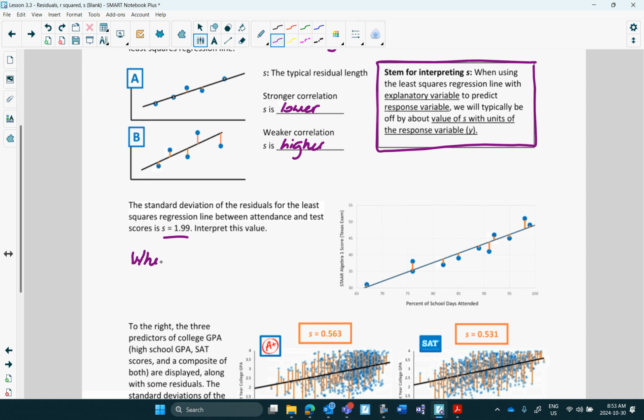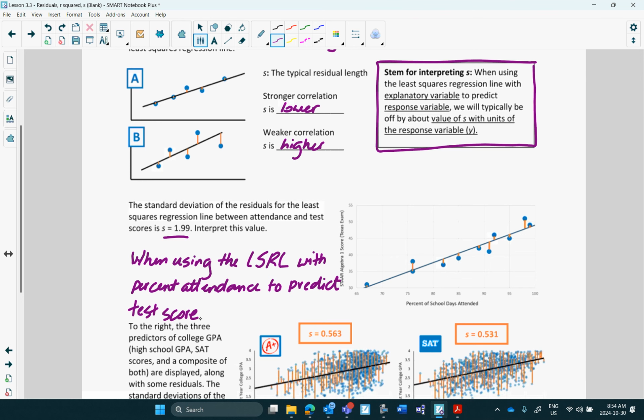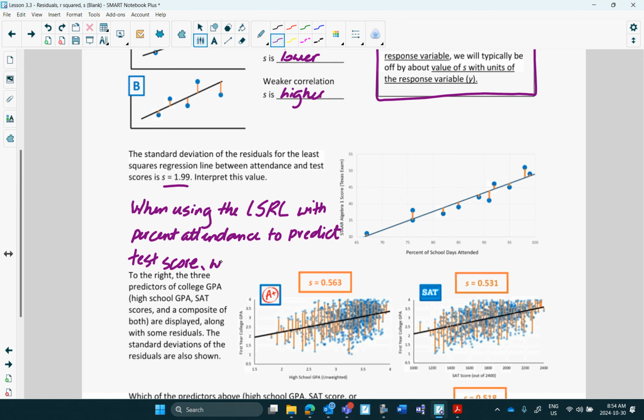So when using the least squares regression line with percent attendance to predict test score, we will typically be off 1.99, and there's really no units for this one because it's a test score.